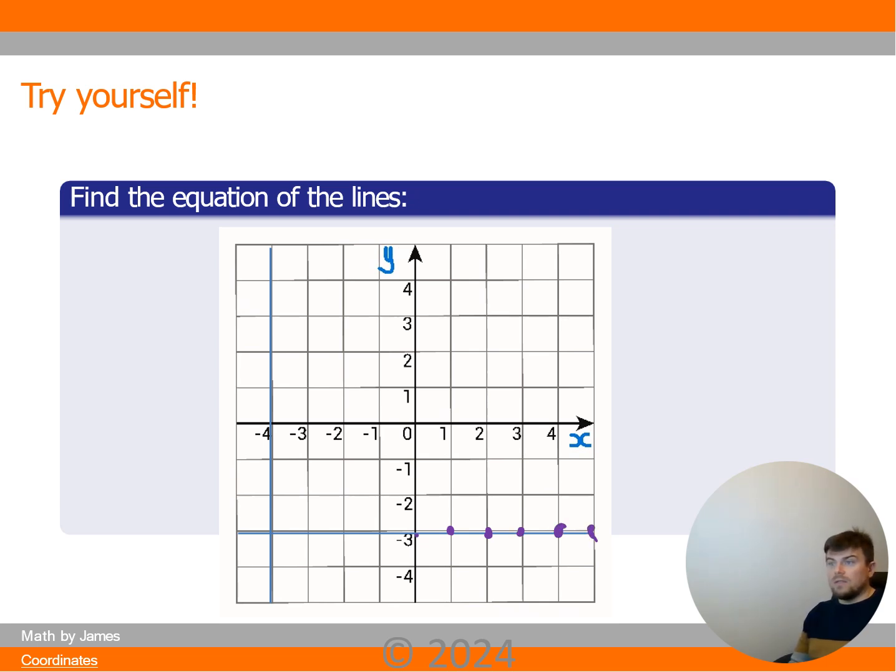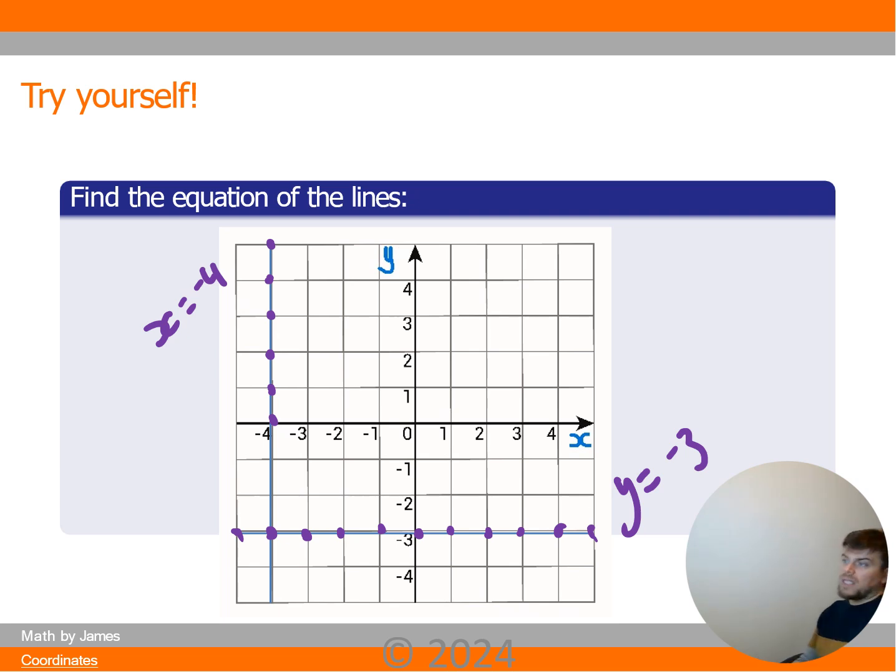But where is that -3? Do pause, have a think. So, we've got y equals -3. What are all of our coordinates here? What is common? So x is -4. And that is the equation of our lines.